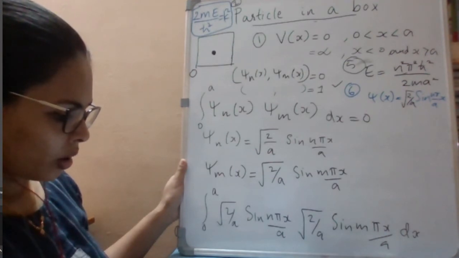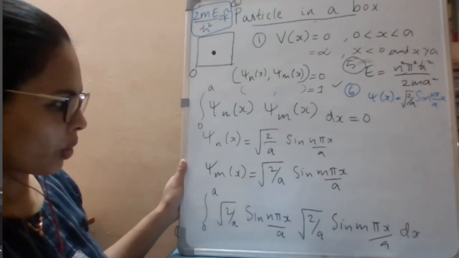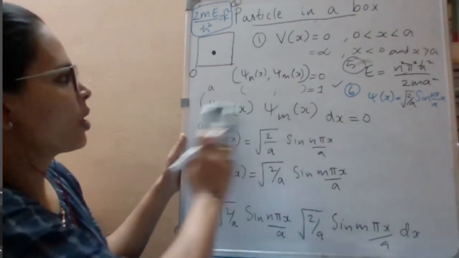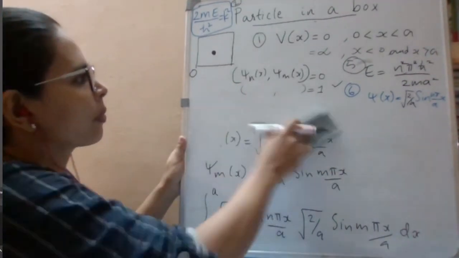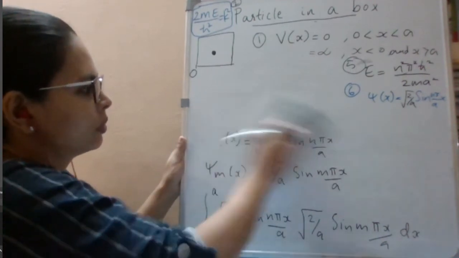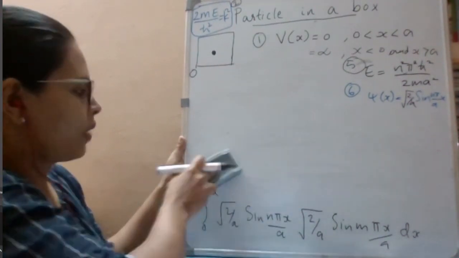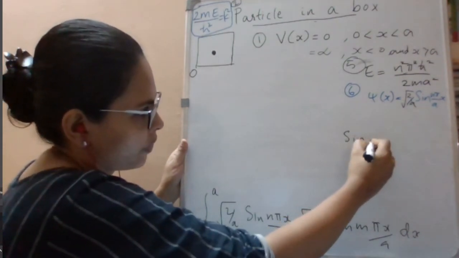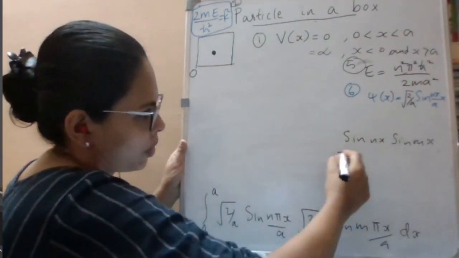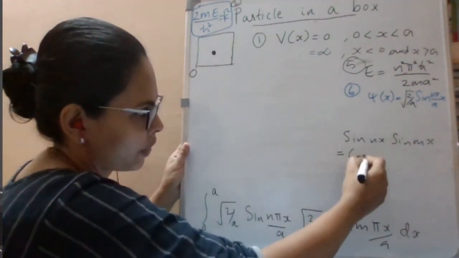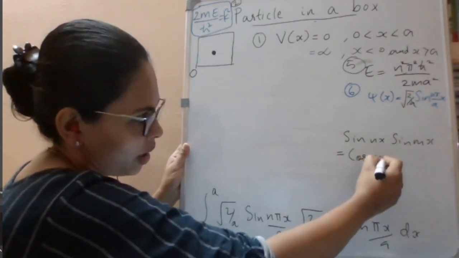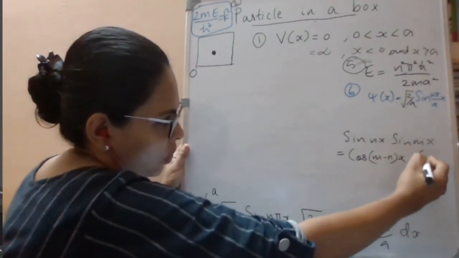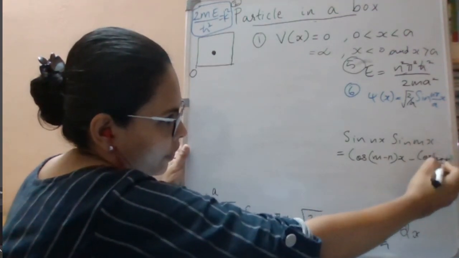Now, in order to make this product easier, because you have a product of two sines, one is sine mx and the other is sine nx, let us simplify it by using a different identity: sine nx sine mx is equal to cos (m minus n)x minus cos (m plus n)x, with a factor of half.